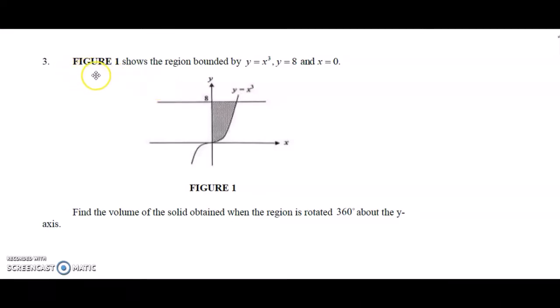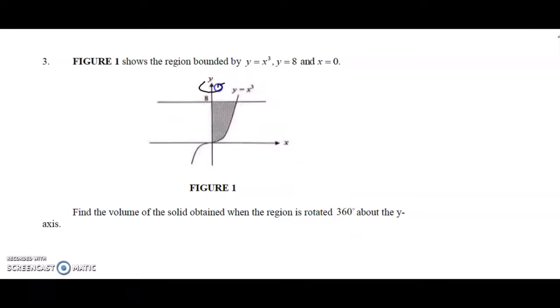So question 3 is finding the volume. Figure 1 shows the region bounded by y equals x cubed, and y equals 8 and y equals 0. Then we need to find the volume of the solid obtained when the region is rotated 360 degrees about the y-axis.